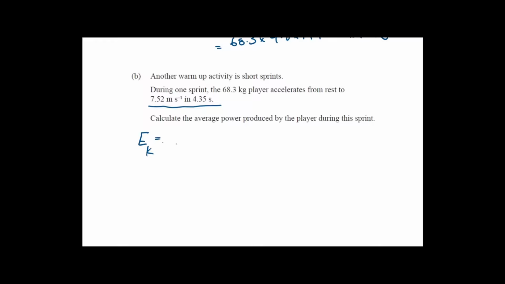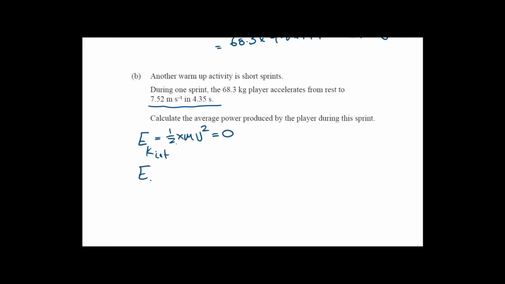The kinetic energy initial is going to be half times mass times the velocity squared. But when we first started off, the velocity was 0, so it's going to be 0.